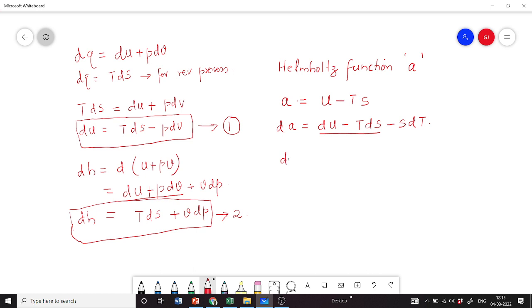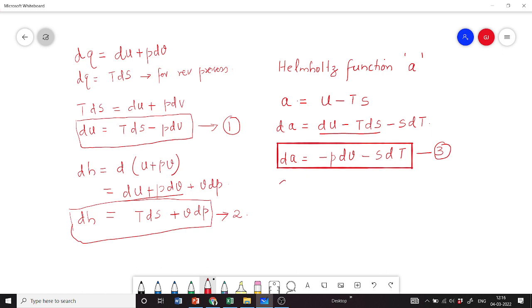So dA is equal to minus PdV minus SdT. Let's call this equation 3.